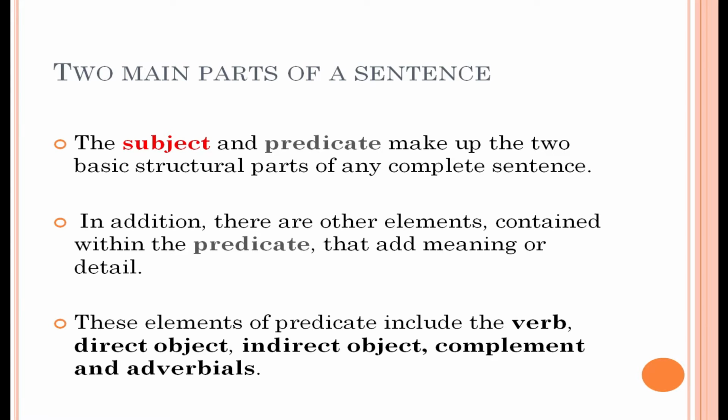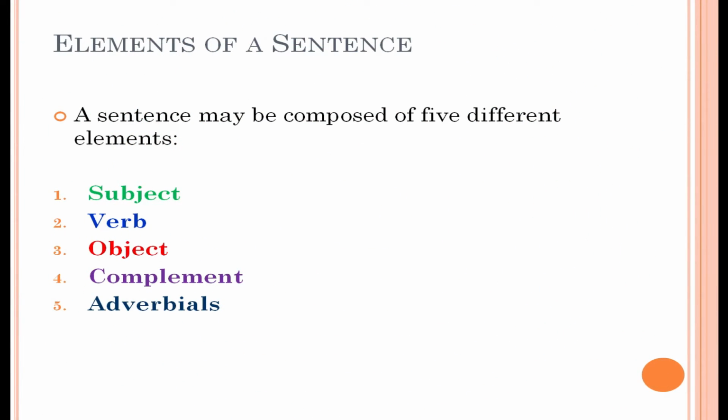These elements include the verb, direct object, indirect object, complement, and adverbials. Hence, a sentence may be composed of 5 different elements: subjects, verbs, objects, complements, and adverbials.